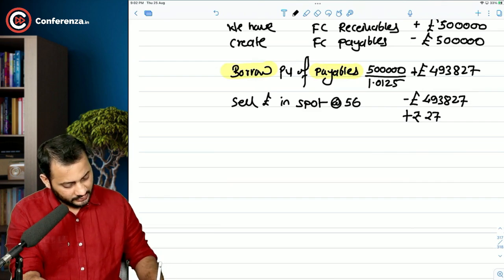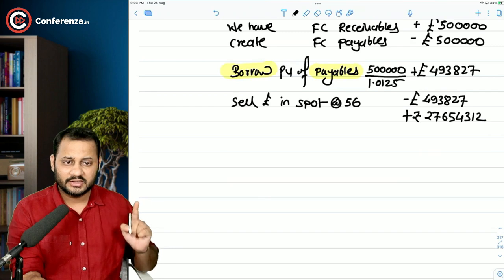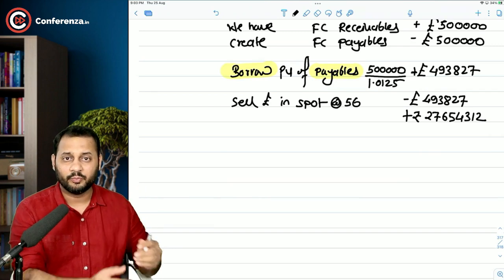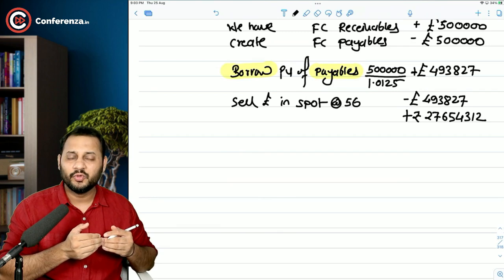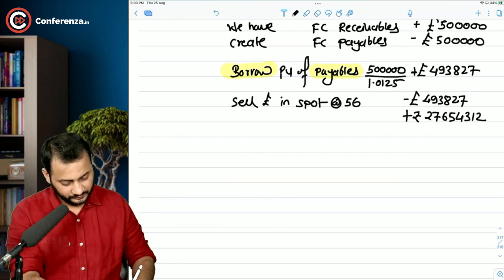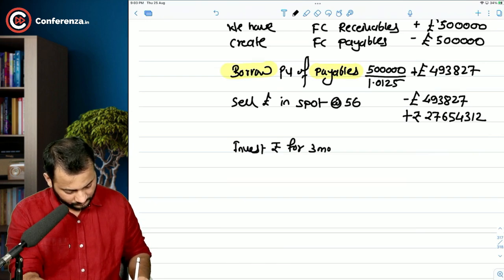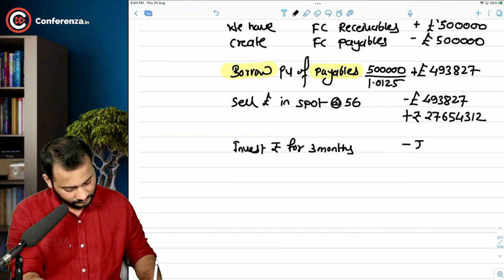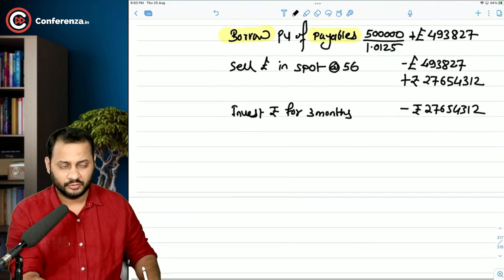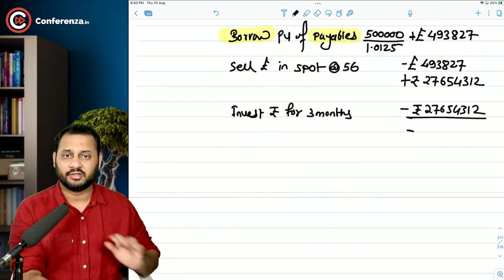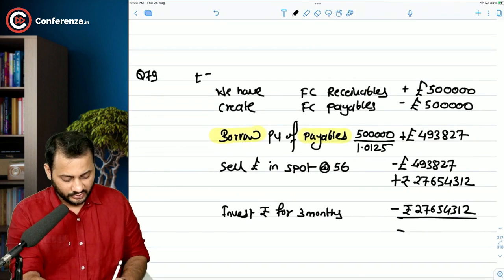That's 2,76,54,312 rupees received. What will you do with the rupees? Invest. Invested. Okay. What else is required? Nothing. That's it. The story at time 0 is over.